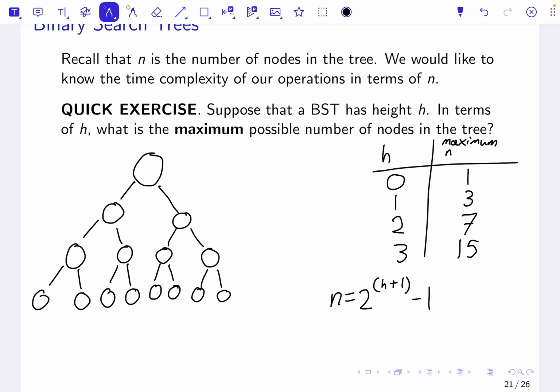So that's my guess based on the numbers that we got. It seems like given a height h, you can get the maximum number of nodes in the tree by computing 2 to the power of h plus 1 minus 1.